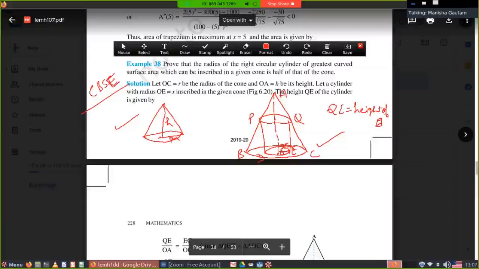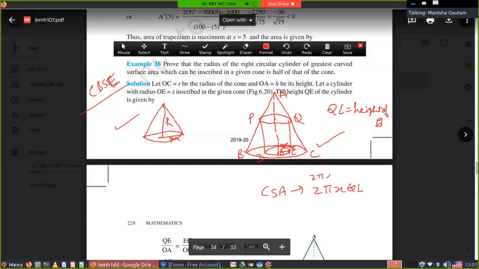And you have to maximize the surface area of the cylinder. What is the curved surface area of the cylinder? 2 pi R H is the formula.